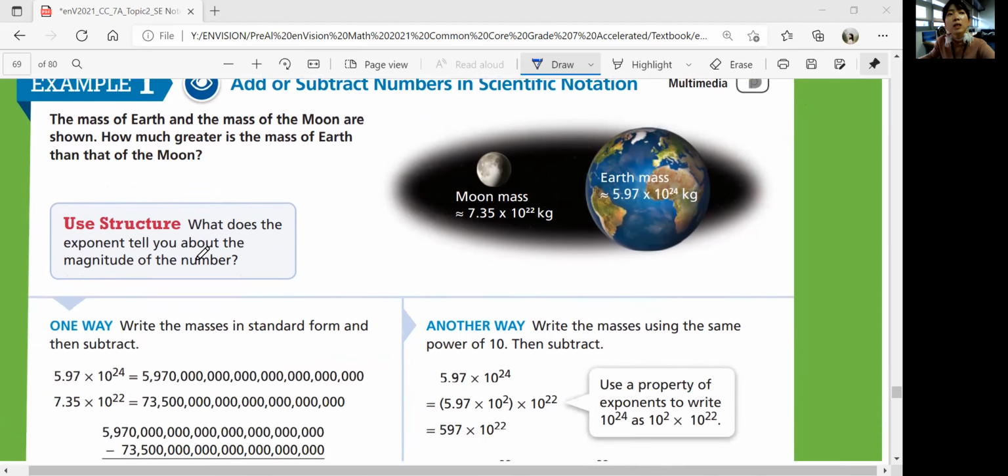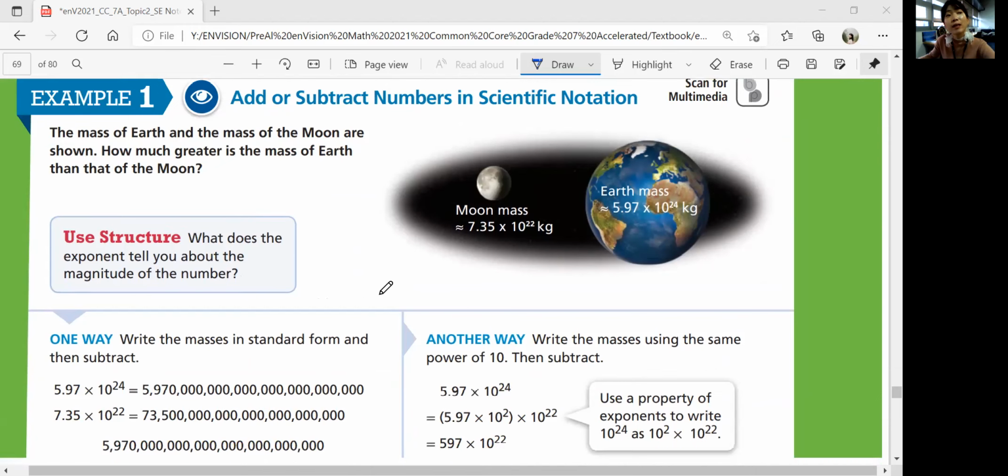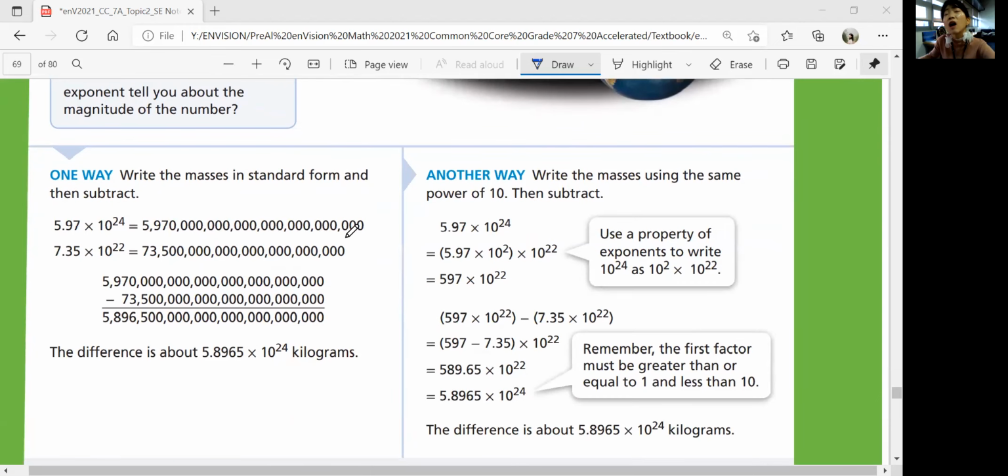One way is to write the masses in standard form and then subtract. There's a bunch of zeros in there, and that looks dangerous, because what if you forget to write a zero? What if you make a mistake? It's really easy to make mistakes with big numbers with many, many zeros.